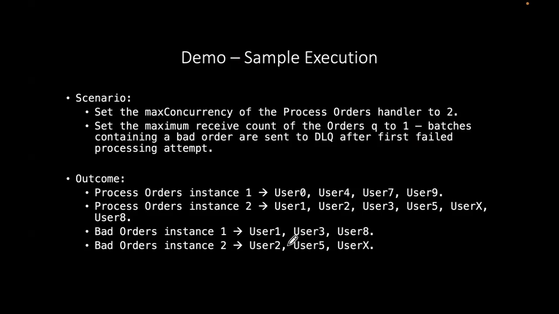Yeah, which means it's actually only the Lambda that got the sub batch that contained the bad order. It's that sub batch that was sent on to the dead letter queue based on what I'm showing you here. So it's not the entire initial batch.